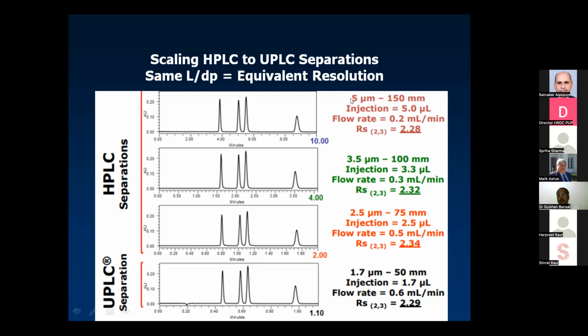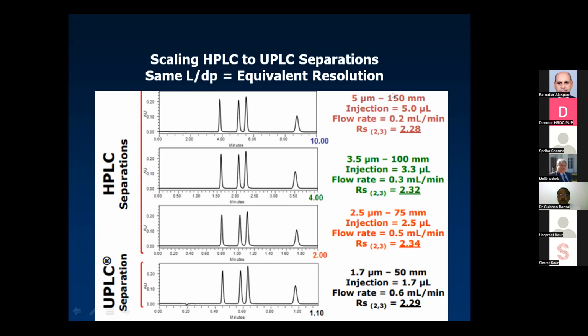So this is the particle size and length. And if we see the ratio, it is 30,000, it is again 30,000, it is again 30,000. So it is same. And resolution is almost same, 2.28, 2.32, 2.34. What is changing? The time from 10 minutes to 4 minutes to 2 minutes.